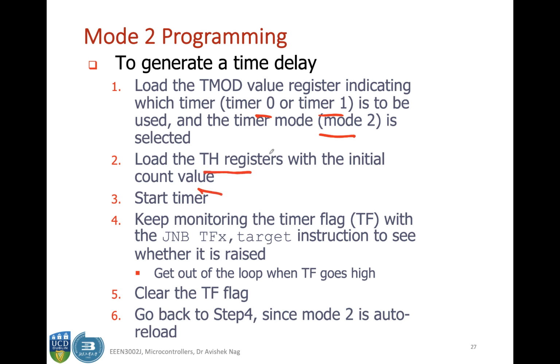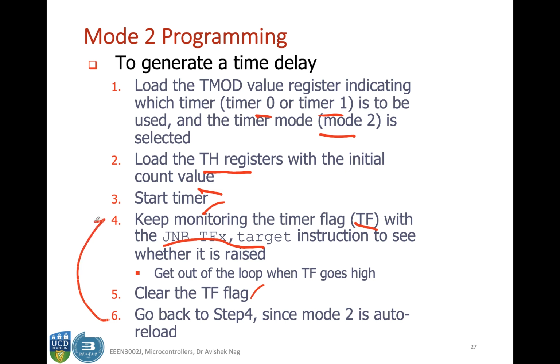Just you load the TH and then you don't have to do anything. Every time it will be auto reloaded. Then you start the timer, and then you keep monitoring the TF flag using an instruction like this, JNB TFx, target, to see whether it is raised. When TF goes high, you get out of the loop, you clear the TF flag and go back to step 4.